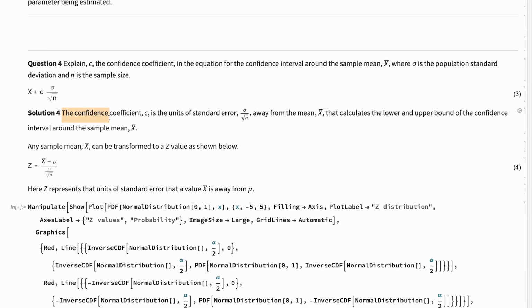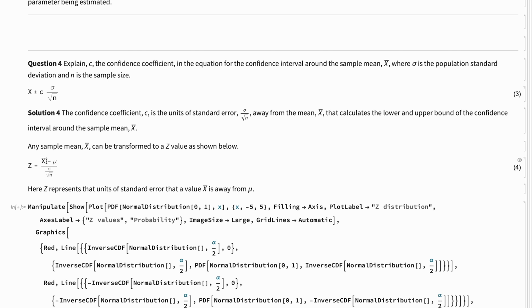So let's just read our solution again. The confidence coefficient C is the units of standard error away from the mean that calculates the lower and upper bound of the confidence interval around the sample mean x bar. So let's use a bit of visualization to understand this. Remember, if I could do my study over and over again, I'm going to find a bunch of sample means x bar.